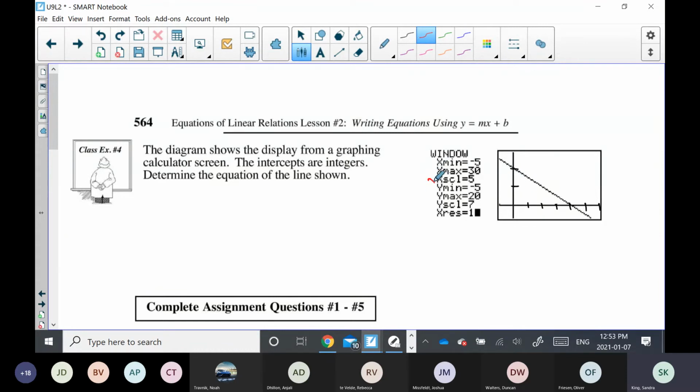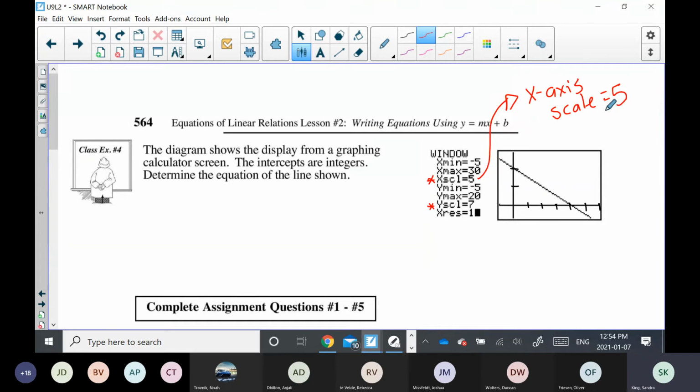But we need to be able to read these two. This is telling you, it says X SCL, which is the scale on the x-axis. So just make note, your x-axis scale is equal to 5.